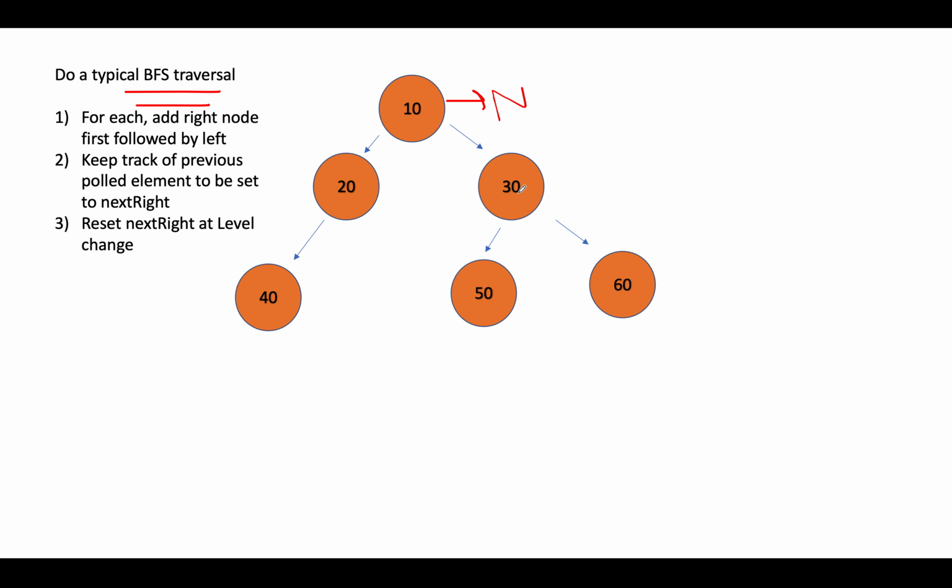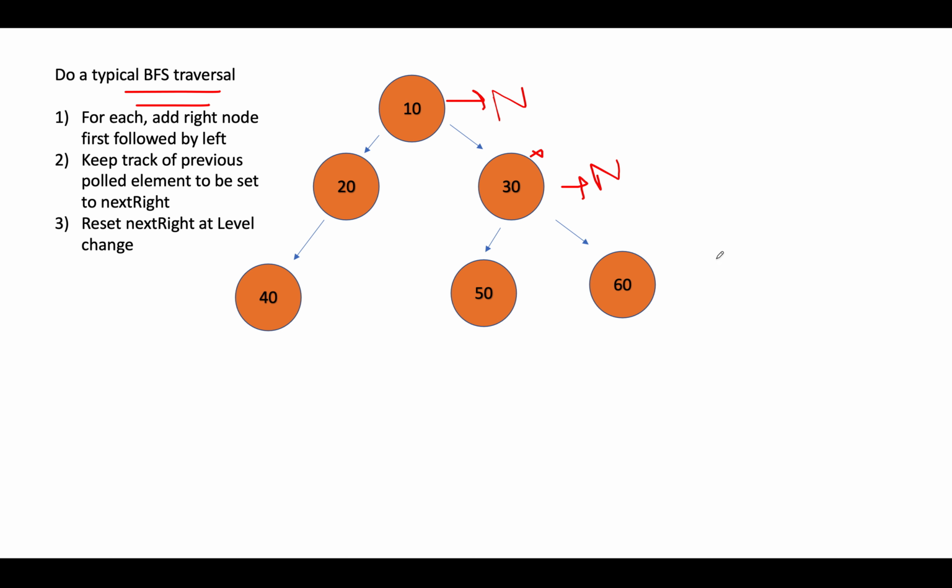Also, we want the rightmost element of the tree to have its right element always null. Since this is a mandatory requirement of the question, we'll make sure that the right element is pushed in first and then the left child is pushed.